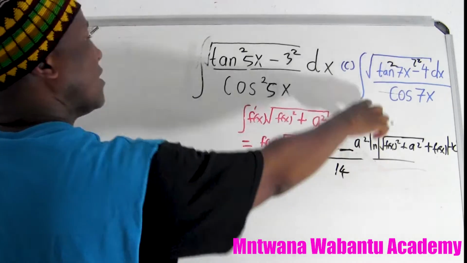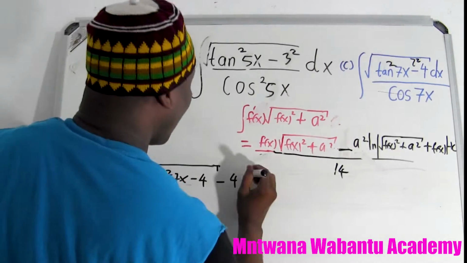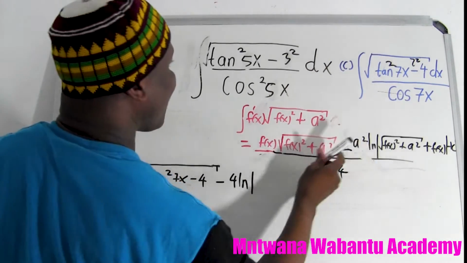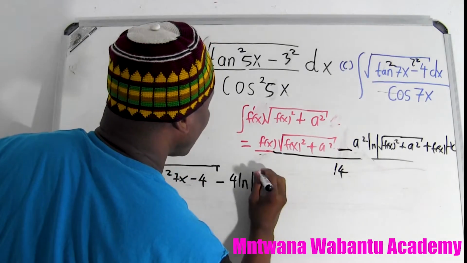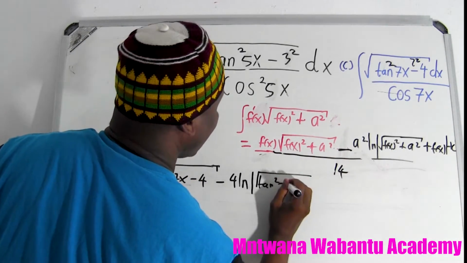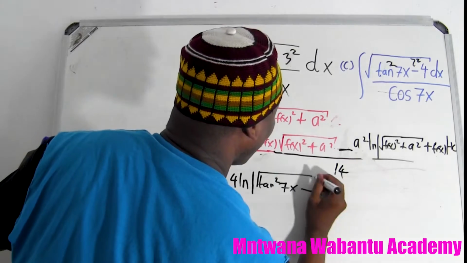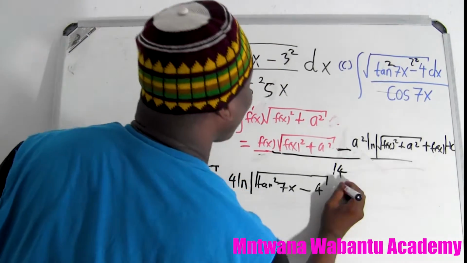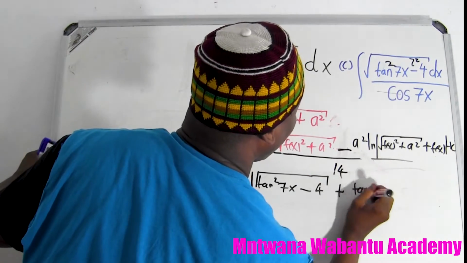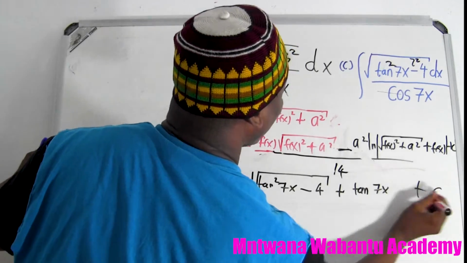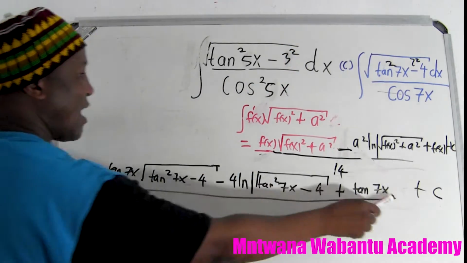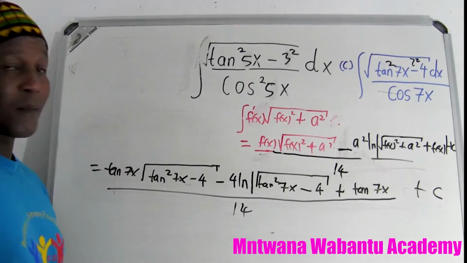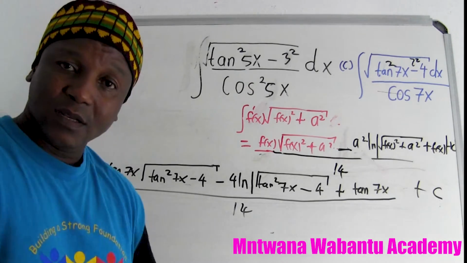Now ln absolute, write exactly root tan squared 7x minus 4, and then plus tan of 7x plus constant, over, from here, only over 14. So then you're done with those questions.